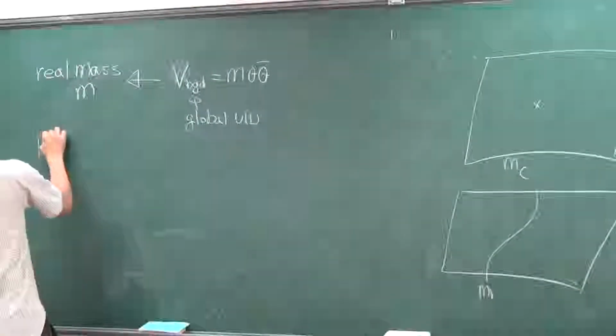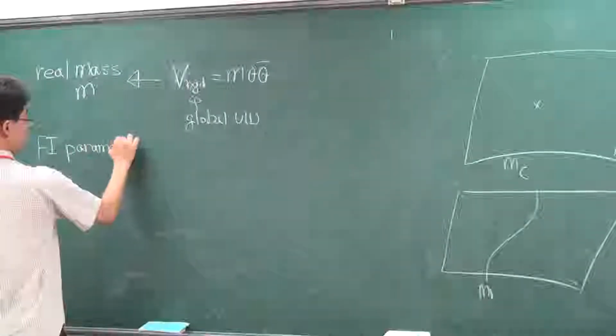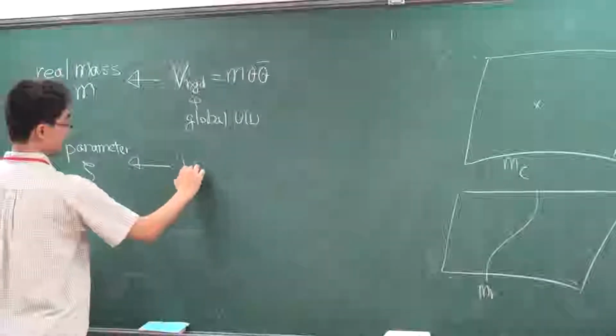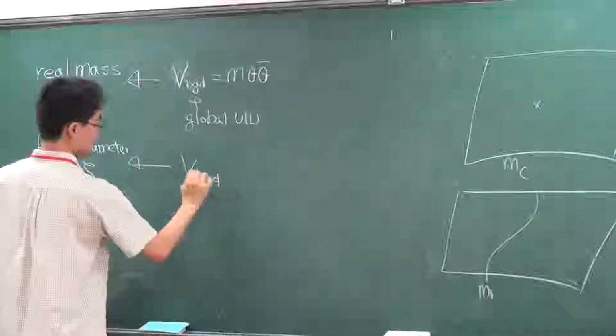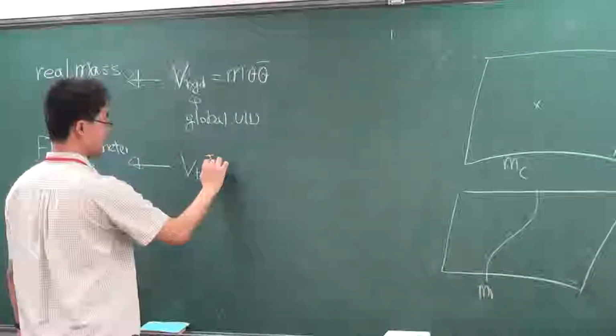Now there is also the FI parameter, which is also real, zeta, and that's related to the background value for the vector superfield, which corresponds to the U(1)_J symmetry.